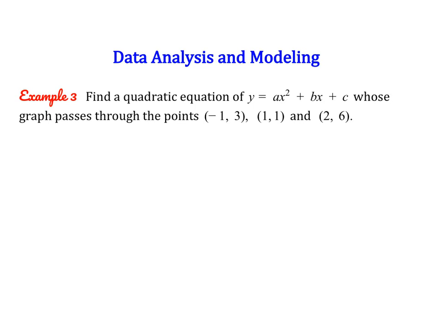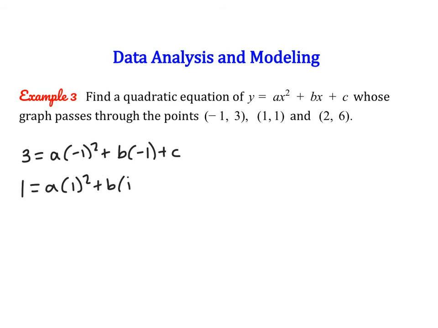So let's substitute the point -1, 3. That would give us 3 equals a times -1 squared plus b times -1 plus c. And I have 1 equals a times 1 squared plus b times 1 plus c. And then 6 equals a times 2 squared plus b times 2 plus c.